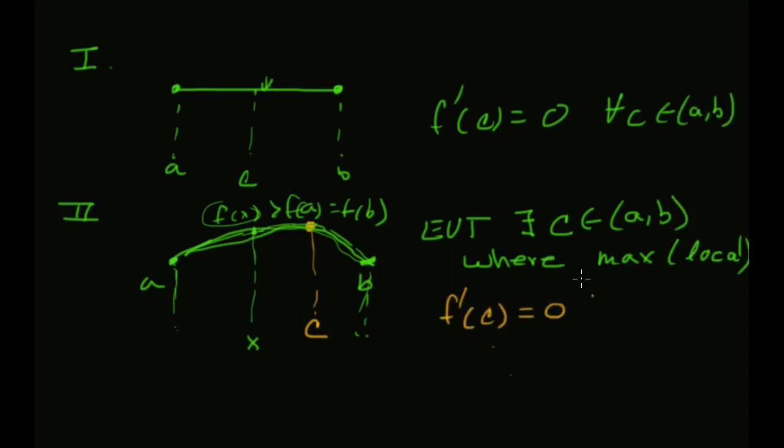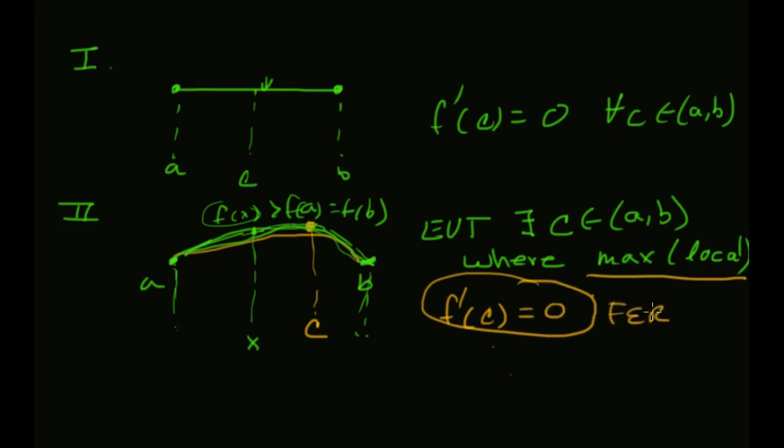Because if there is a local maximum on a differentiable function, then the derivative at that point has to be 0, so says Fermat. The third case is the only other option. I have a point A, I have a point B, and there's some point x where f of x is less than f of A.